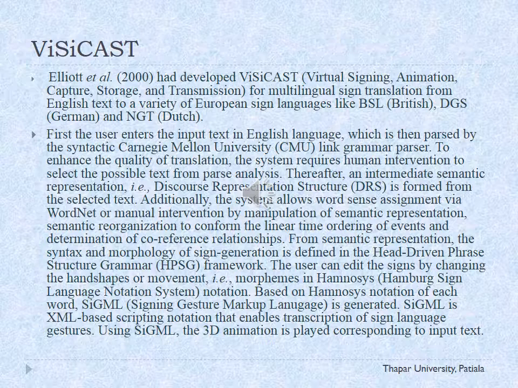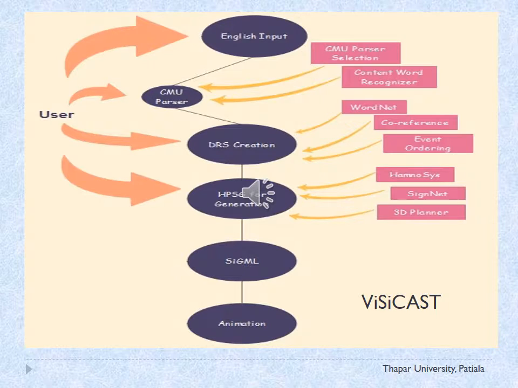It is then parsed by the CMU parser, which is then converted into DRS representation, which then acts as input to the HPSG generation module, which uses HamNoSys, SiGML, and XML scripting notation. So the SiGML is further used for animation as shown in the figure.